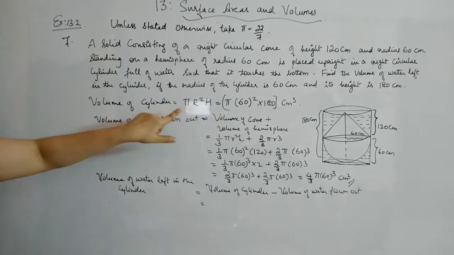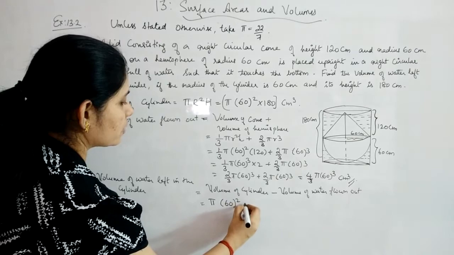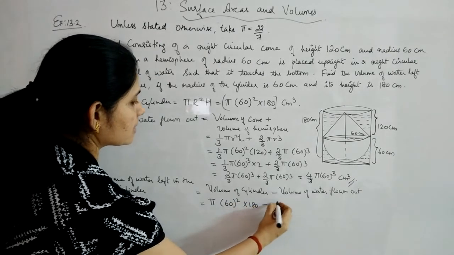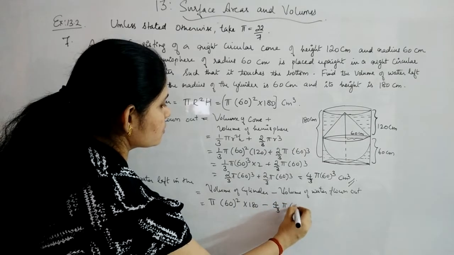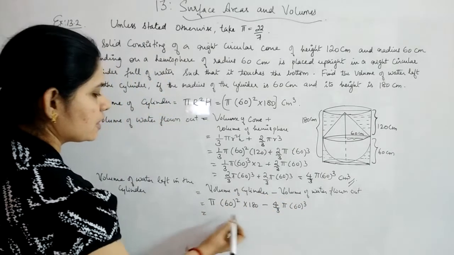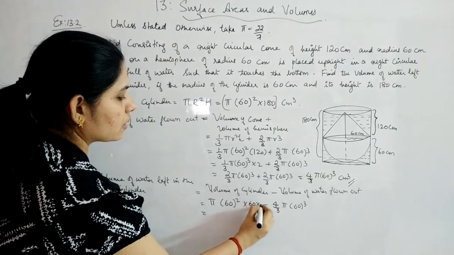Now what you have got: pi into 60 square into 180 minus 4 by 3 pi into 60 whole cube, right? Now again 180 can be written as 60 into 3, right?